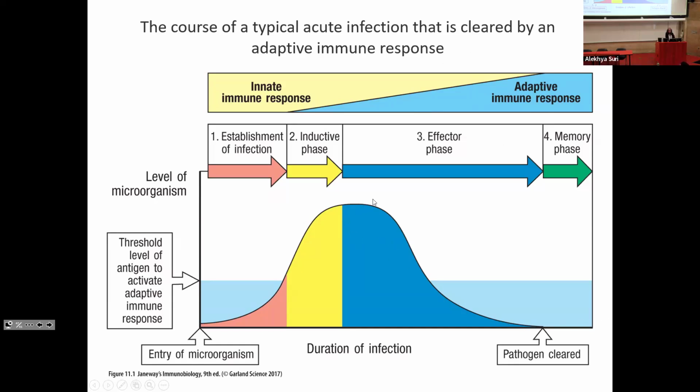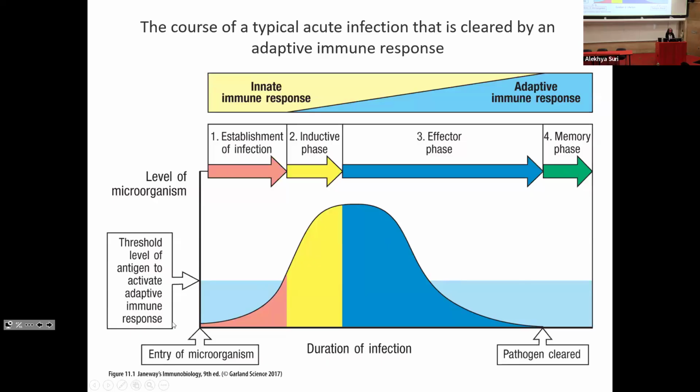Antibodies are important to actually finally get rid of the pathogen. Then you go into a memory phase where some of the effector T cells and B cells that have been activated will become memory cells.